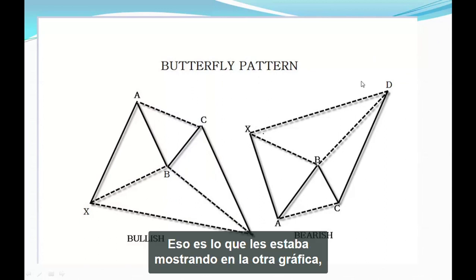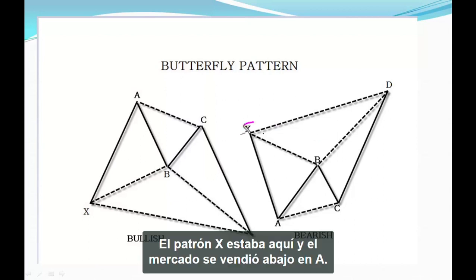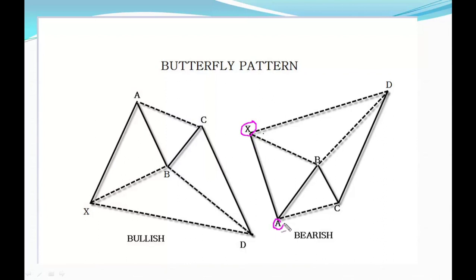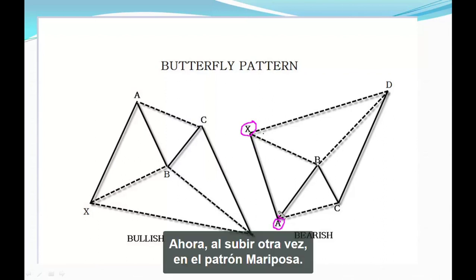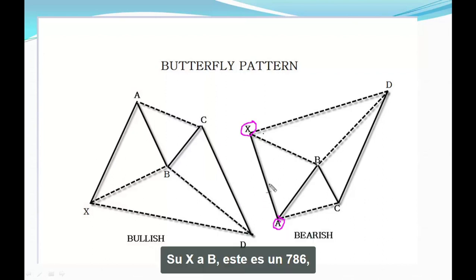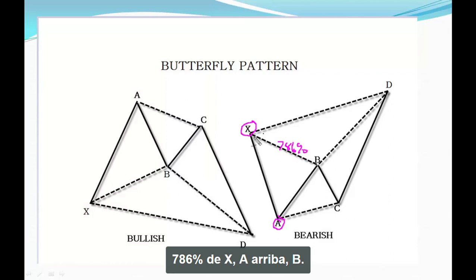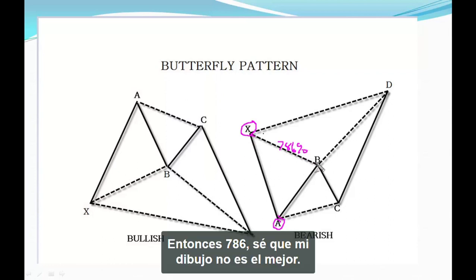Now this is the butterfly. That's what I was just showing you on the other chart, but I turned the chart off, where the X pattern was here, and the market sold off down to A. Now, on the way back up, on the butterfly pattern, your X to B is a 786 retracement of X to A. I know my drawing isn't the best here.